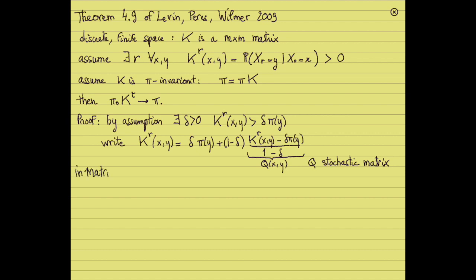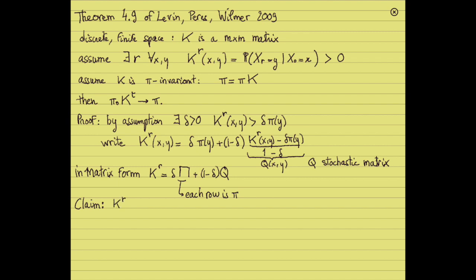So in matrix form, we can rewrite this expression as k to the r is equal to delta times the big matrix pi plus 1 minus delta times q, where the big matrix pi is simply made of rows all equal to the row vector pi. So all the rows of big pi are simply the row vector little pi.